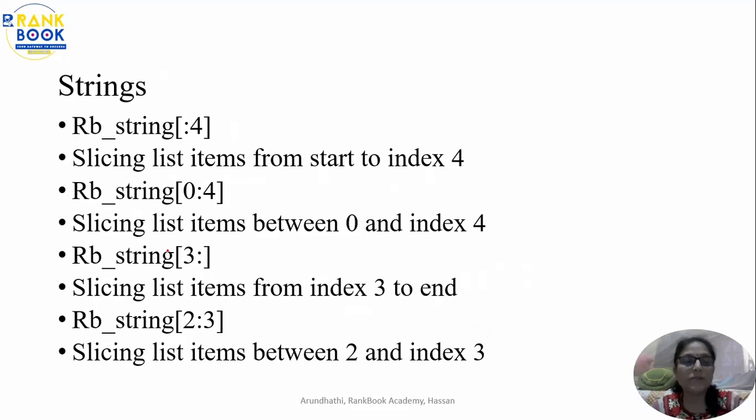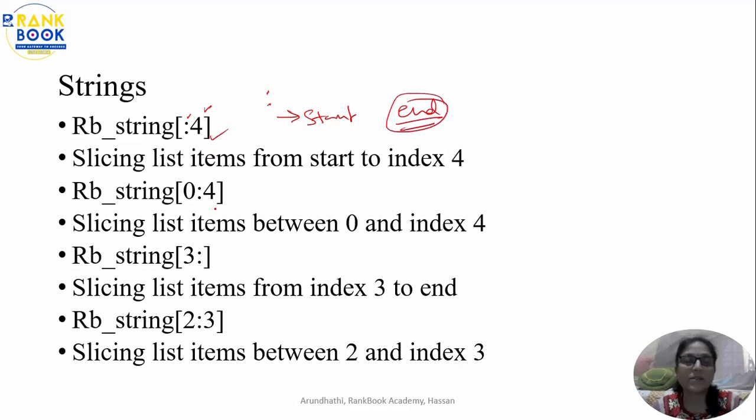So here are the different representations of slicing. For example, rb_string[:4], that means the colon represents the starting point and 4 is the index that represents the ending point.